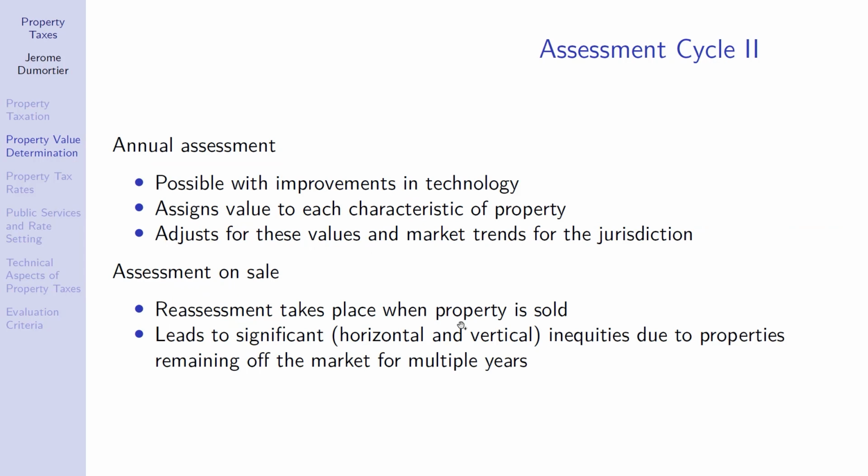We could also have an annual assessment, which is possible with the improvements in technology. Think about, for example, if you're going on a particular real estate webpage, then you can see the estimated value for each property. Then the annual assessment would be possible if you assigned value to each characteristic of the property.